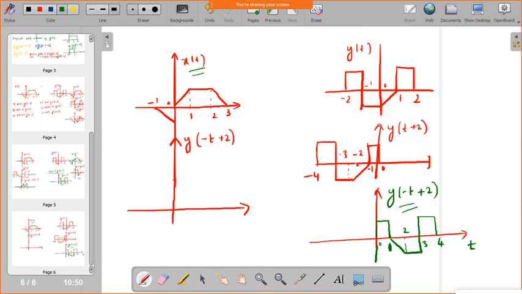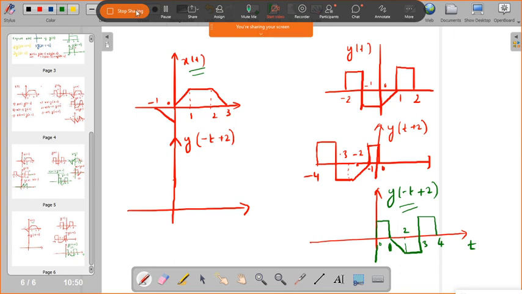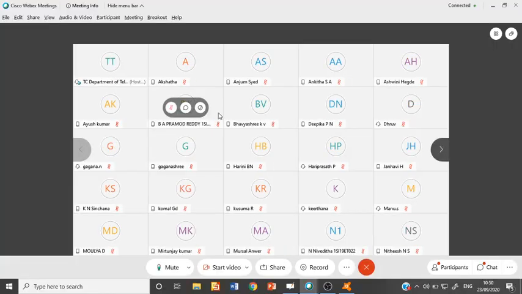All of you got this reflected signal of y? Hello? Anybody who didn't get? Deepika?